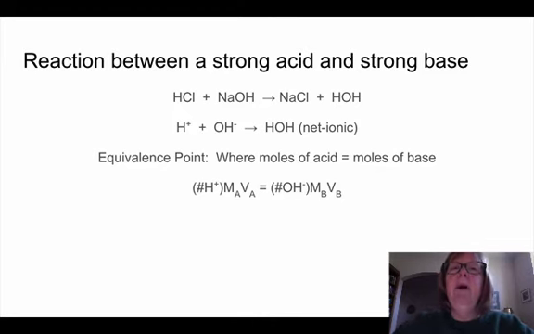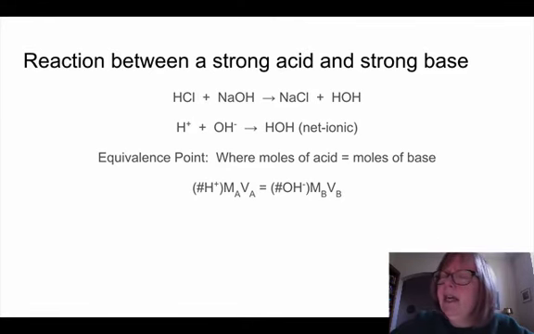And from our video about the pH of salt solutions, we know that the pH of sodium chloride is neutral because chloride is the conjugate base of a strong acid, which is weaker than water, and sodium ion doesn't affect the pH. And so when you add a strong acid and a strong base together, you're going to get a salt and water, and it is not going to change the pH. So it's a neutralization reaction.